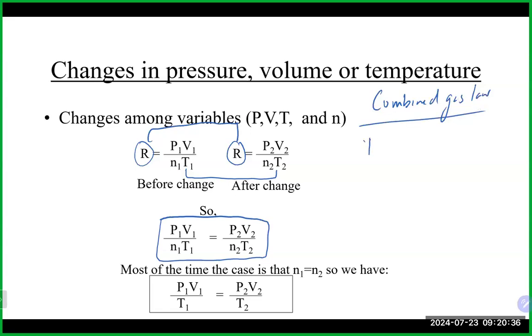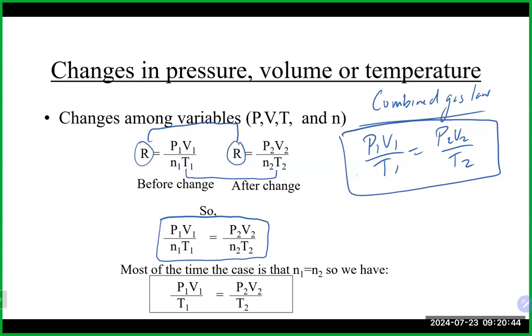And that is P1 V1 over T1 equals P2 V2 over T2. Here, same rule, pretty much: Kelvin for our temperatures. Pressure in this particular one doesn't matter. It could be any unit you want as long as they're the same on both sides. And same thing with the volume here. It could be any unit you like as long as they're the same on both sides.